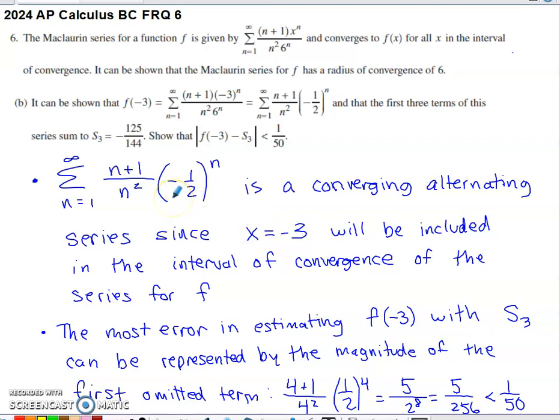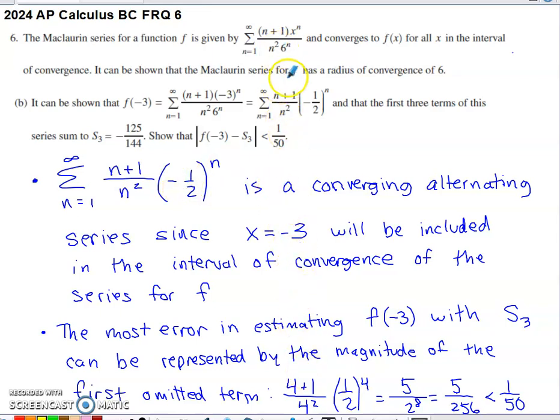So because this series, when negative 3 is in for x, is a converging alternating series, what we know is that the most error in estimating f of negative 3 with that third partial sum can be represented by the magnitude of the first omitted term. The first omitted term would correspond to the index value of 4.